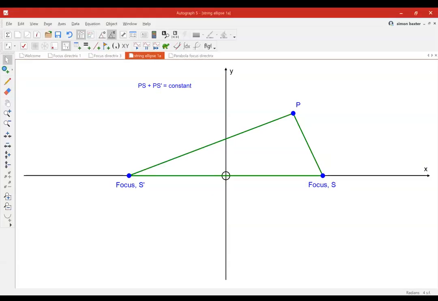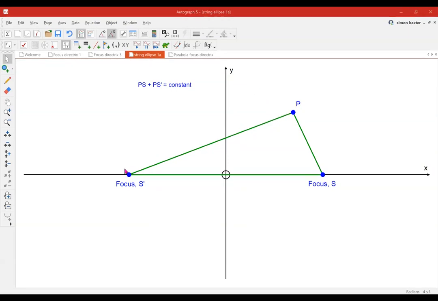In this video, I'm using the 3 green lines to represent a loop of string. The string passes round 2 fixed points, S and S dashed, and we tighten it by pulling it up to the point P. The distance between S and S dashed is fixed. The length of the piece of string doesn't change, and so the total distance of PS plus PS dashed will be constant.